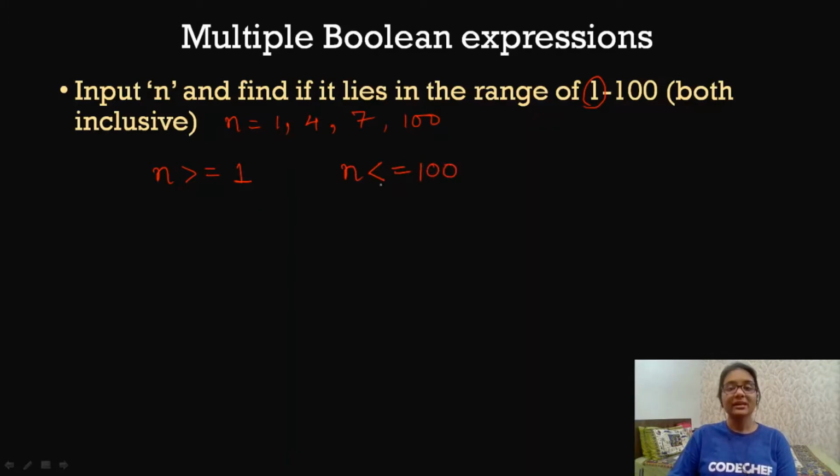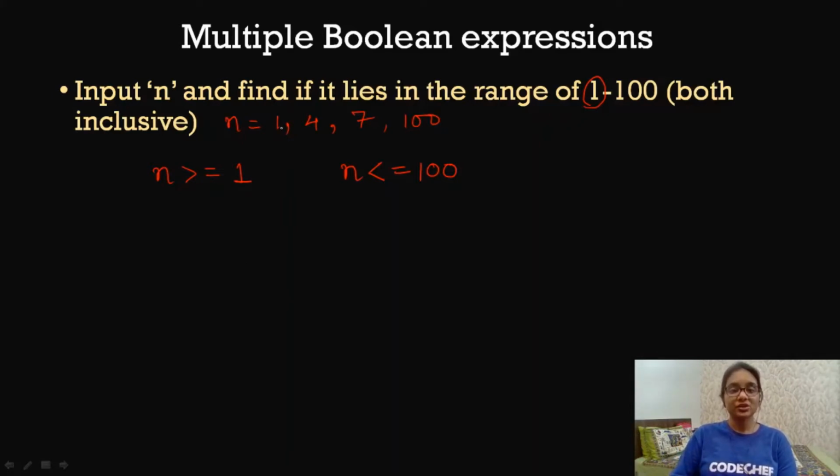Now if we combine both these conditions, then we will be able to find out for sure whether n lies between 1 and 100 or not. But individually, these conditions are not sufficient, because n greater than or equal to 1 just checks that n is 1 or more, and it can be 101, it can even be 200. So there is no check on the upper bound, only the lower bound.